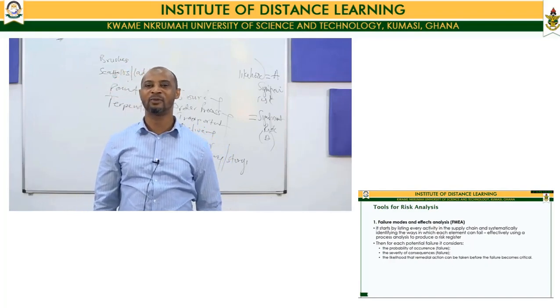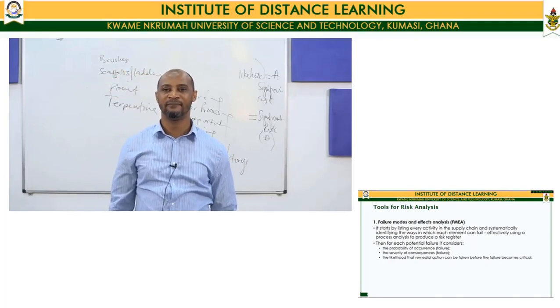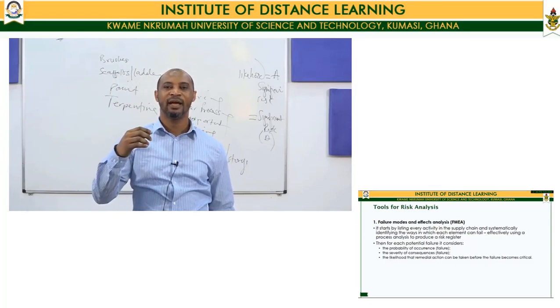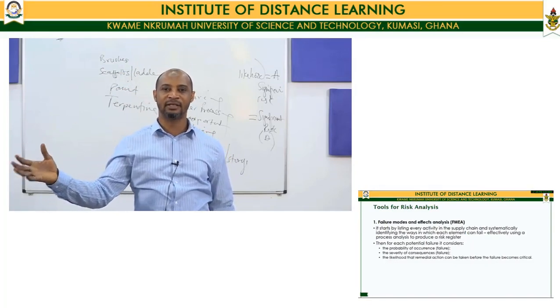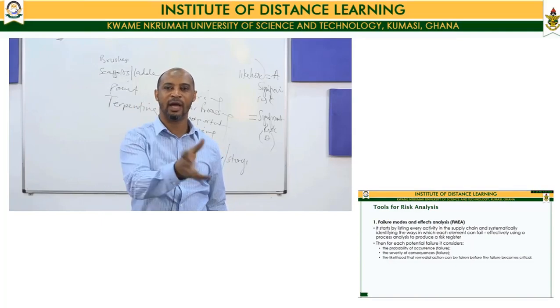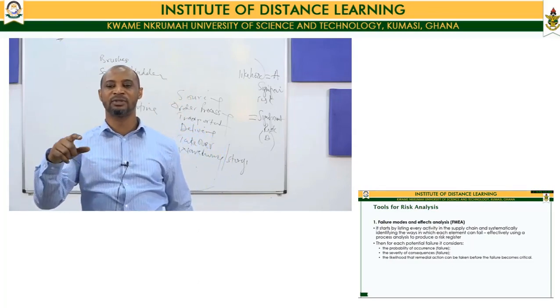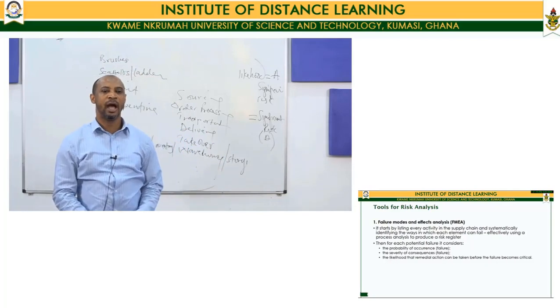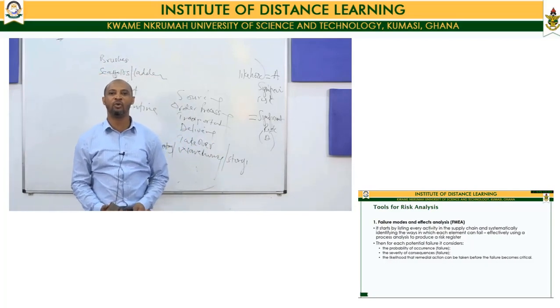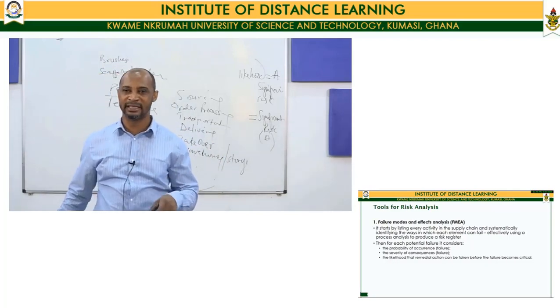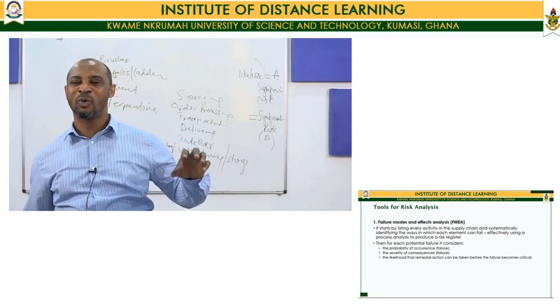Then we come to look at our loading staff at takeover, our warehouse staff. We look at all this. So the likelihood that remedial action can be taken before failure becomes critical. So apart from this, that's why it's failure mode and effect analysis. What will cause the failure?